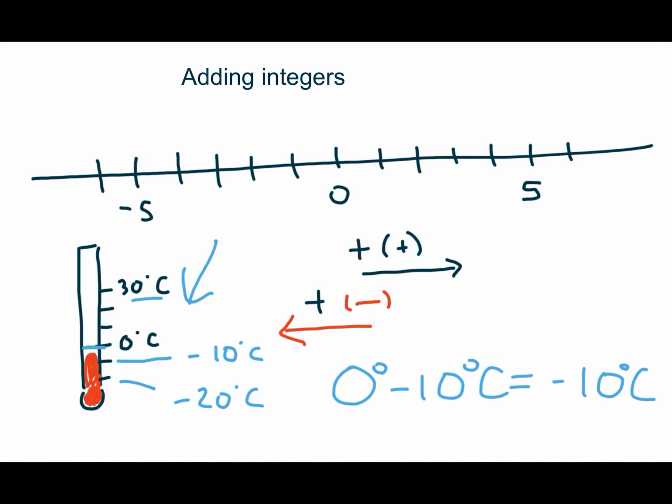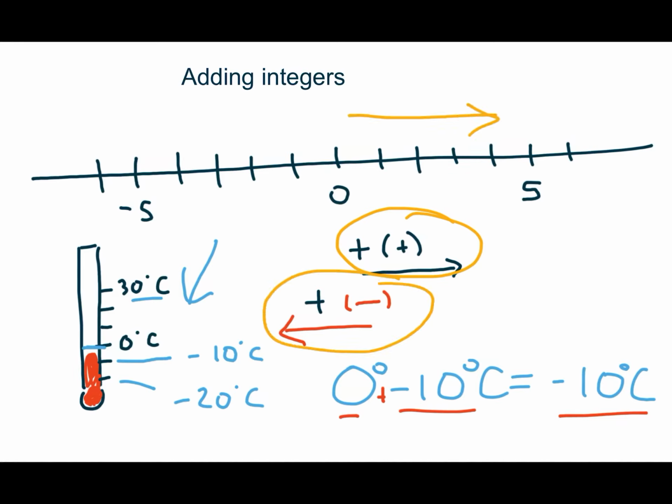Another way of writing this would be to say that I added negative 10 degrees. So 0 plus negative 10 degrees is negative 10 degrees. Okay, so right here, if I add a positive number, I'm going this way on the number line. And if I add a negative number, I'm going to go this way on the number line.